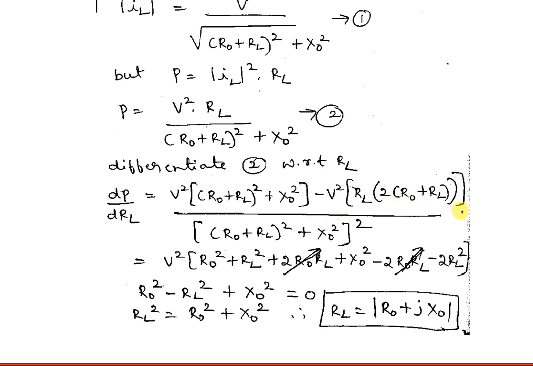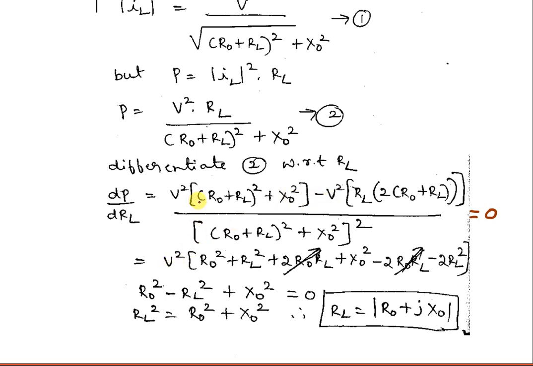And if we equate this to 0, the denominator cannot be 0. If you cross multiply, this into 0 is 0. So divide throughout by V square. Then the numerator quantity should be equal to 0.